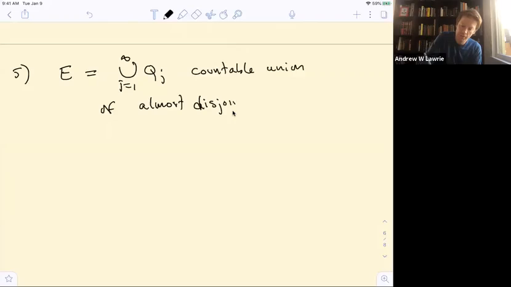Almost disjoint, remember, means that their interiors are disjoint.